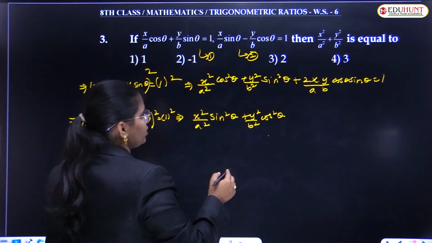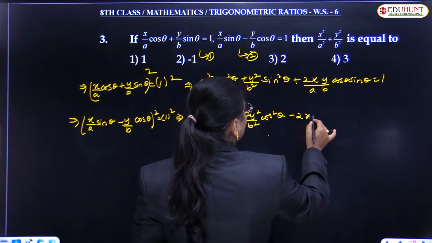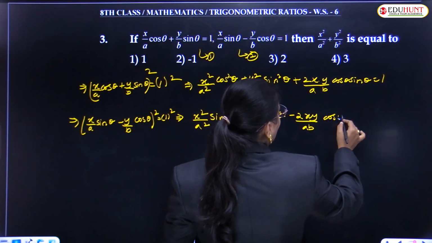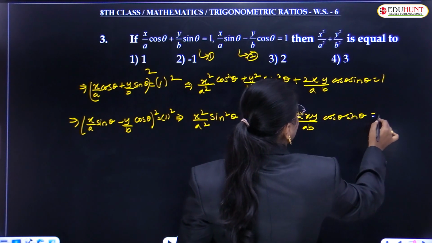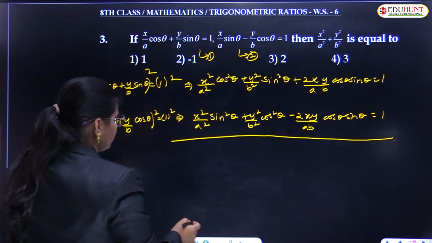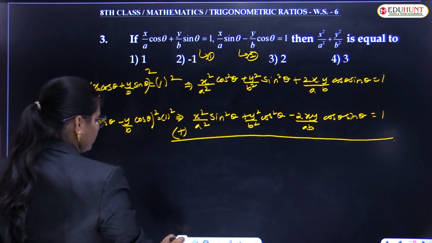Yes or no? a minus b whole square has minus 2ab, so minus 2xy by ab cos theta sin theta is also equal to 1. Let's add both these equations.